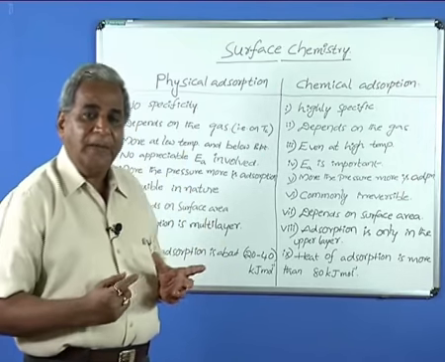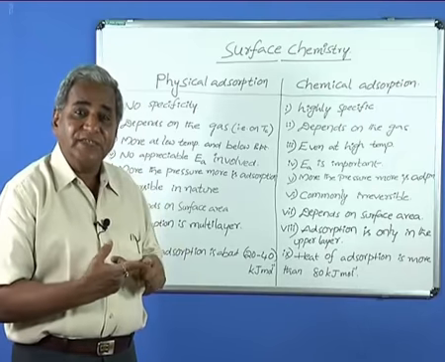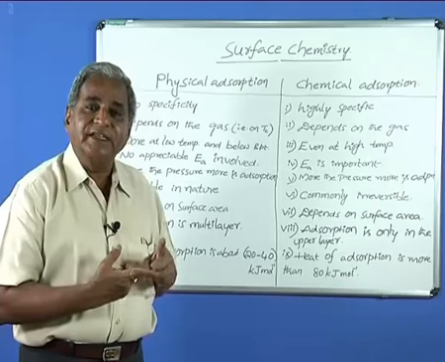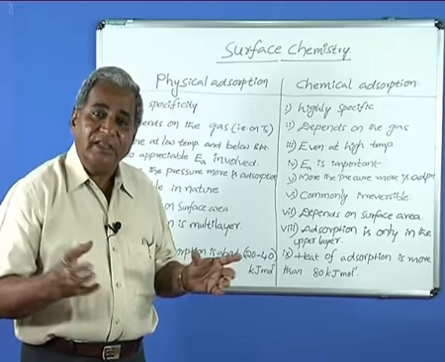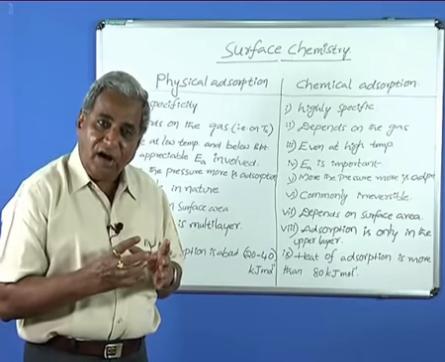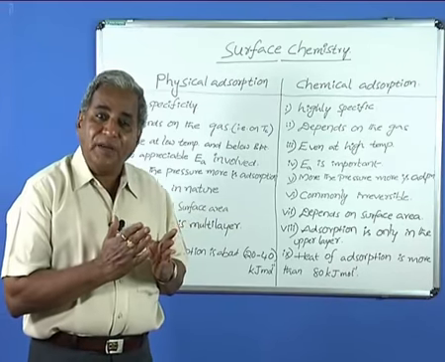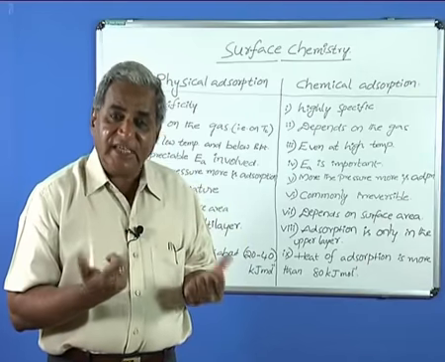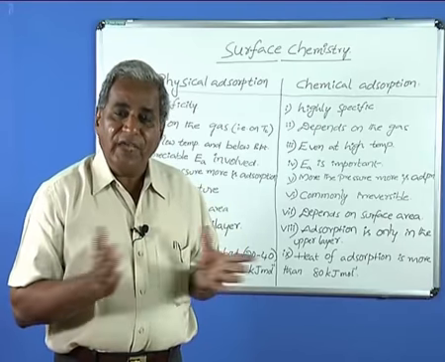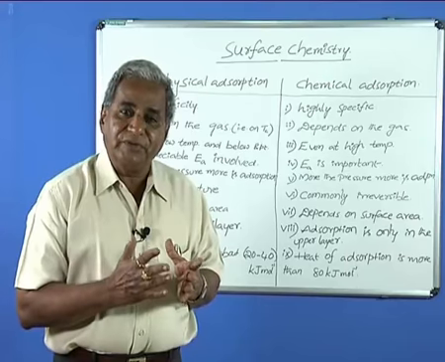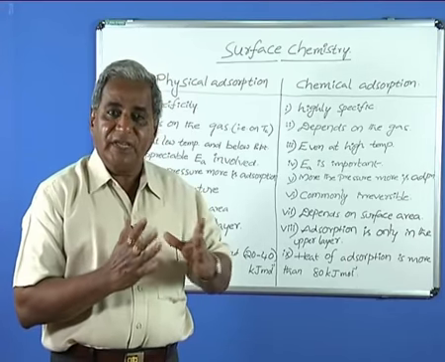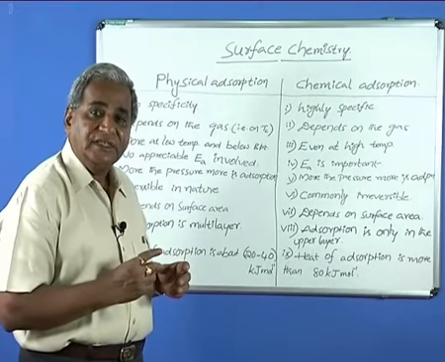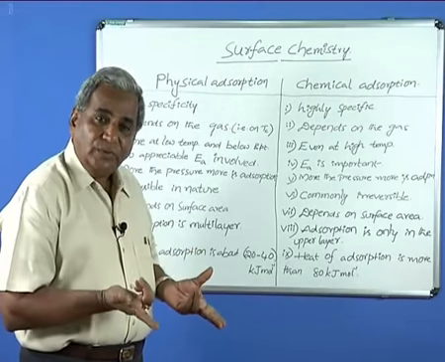Due to that, the gases with high critical temperatures, where the van der Waals forces are strong, get adsorbed normally to a greater extent, and the gases which have weaker van der Waals force of attraction between their molecules and possess very low critical temperature get adsorbed to a lesser extent.